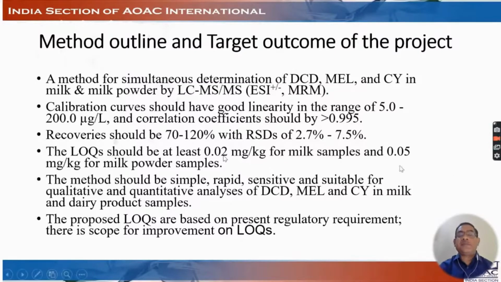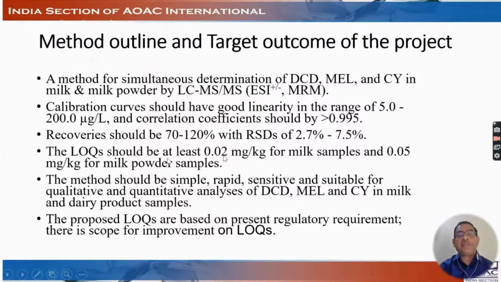The calibration curves are expected to have a linearity between 5 to 200 microgram per liter with a correlation coefficient not less than 0.995. These are the recoveries expected as per the standard for all food contaminants. We should expect a recovery of 70 to 120%, and relative standard deviation should be quite good so that we have adequate precision in analysis.